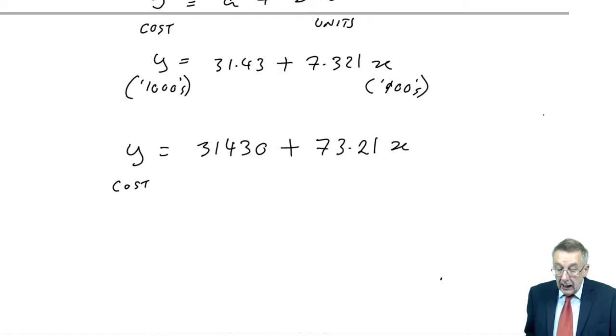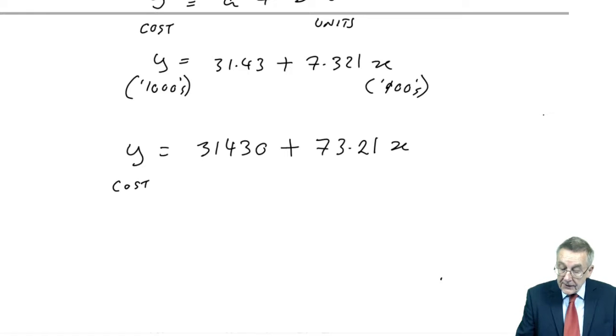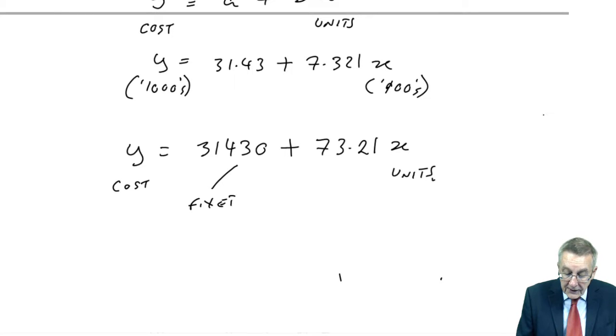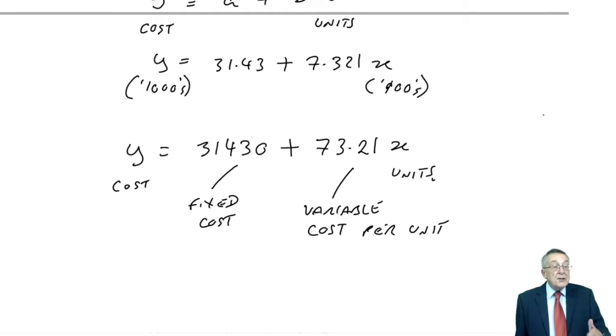Anyway, there we are. There is our equation relating the cost to the number of units. And the 31,430, just as with high-low, that's the fixed cost. The 73 is the variable cost per unit. Now, I had used the same figures as we did with high-low.